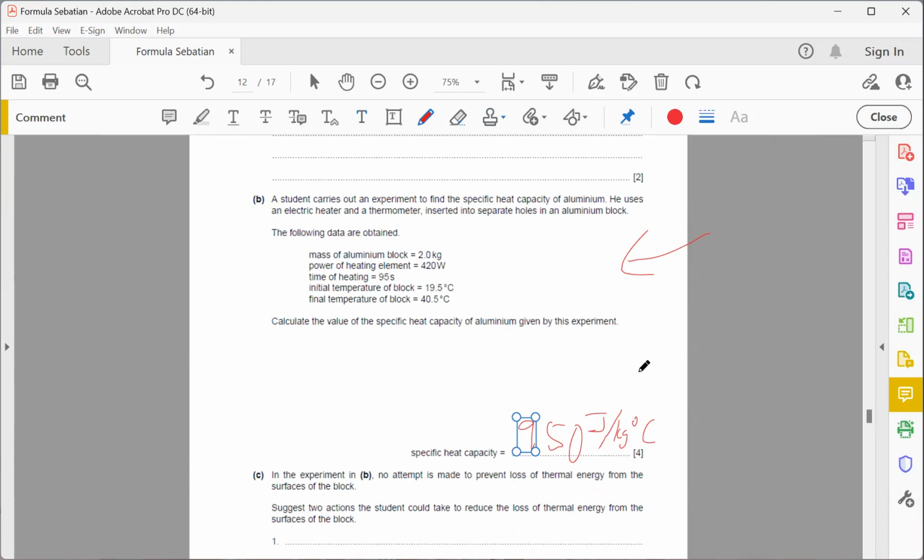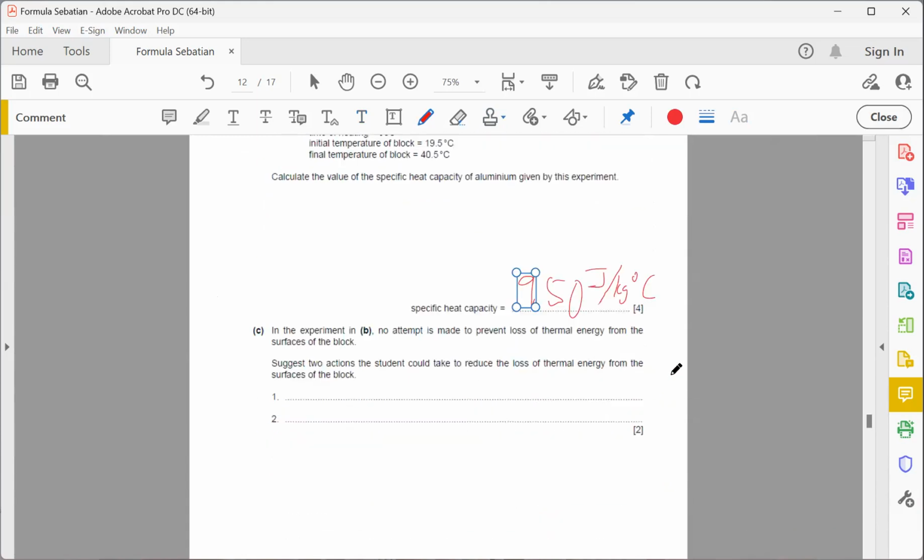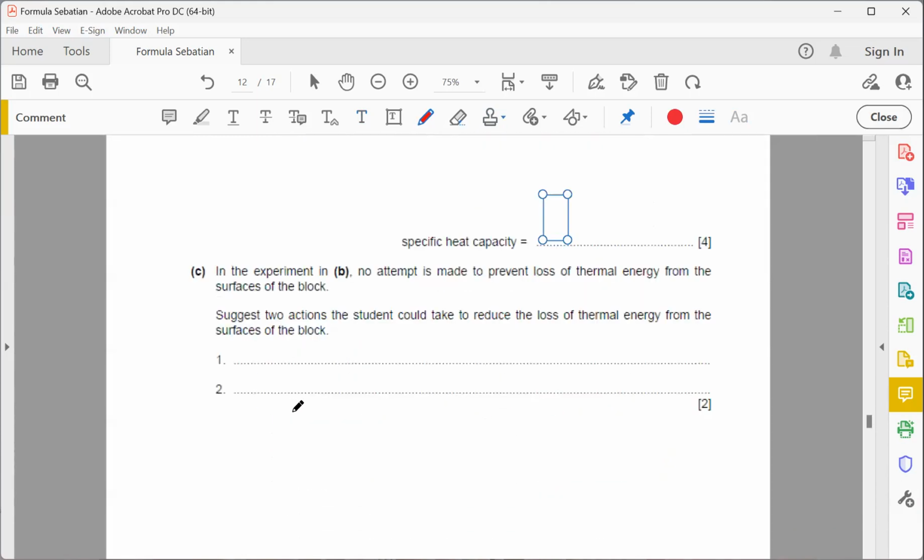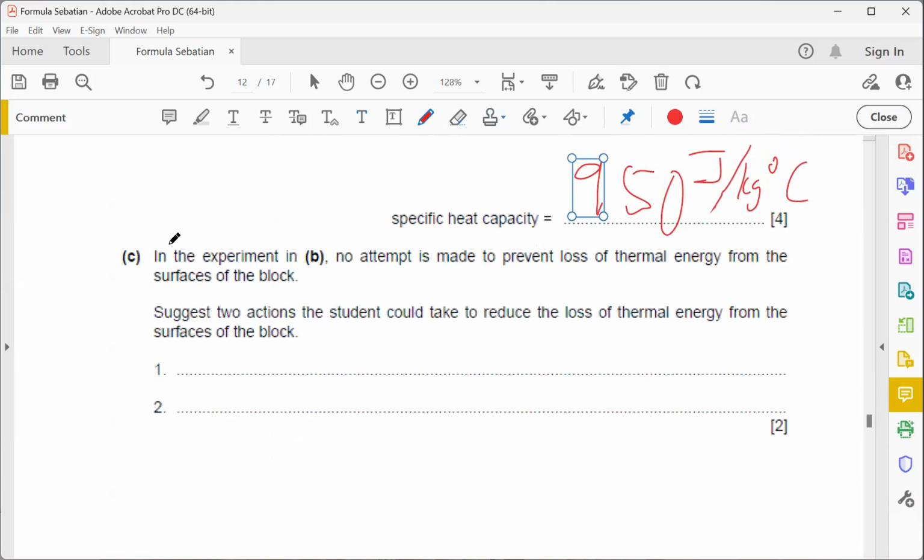Okay. Right. Now I don't want to waste too much time explaining already. And then this part here, which is the final thing I want to talk about, guys. These kind of questions always come up in your heat energy questions. They'll always say that in this experiment, no attempts were made to prevent loss of thermal energy from the surface. So state 2 actions the student could take to reduce the thermal energy loss.